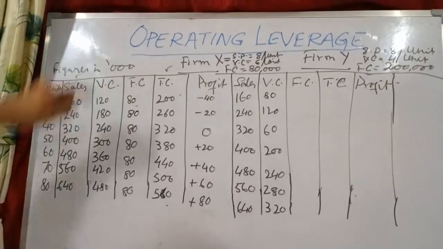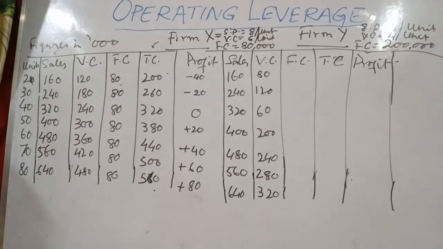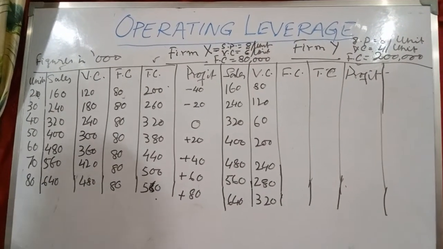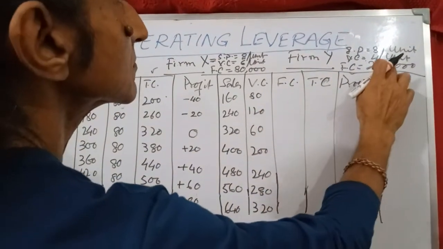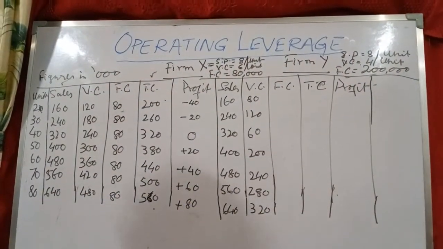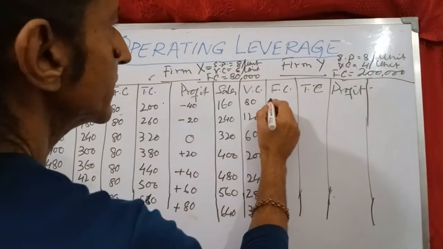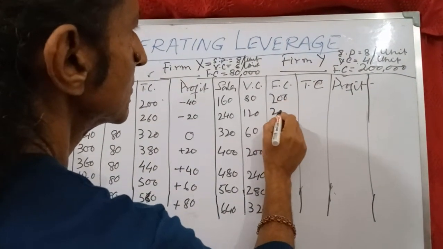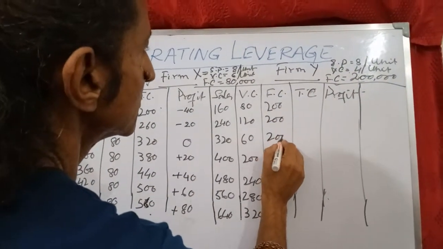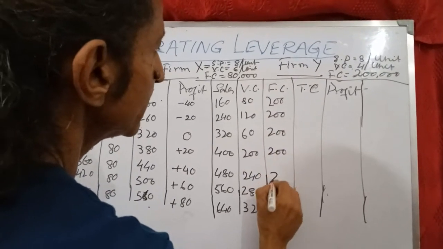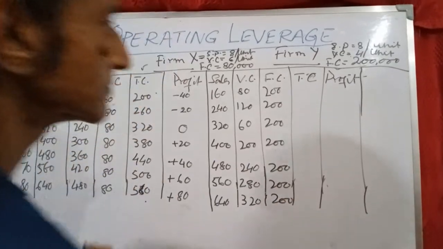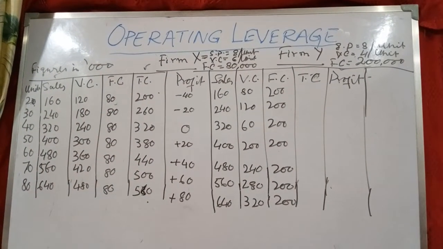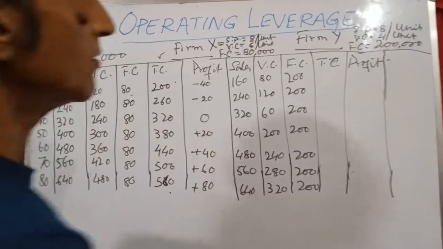Figures are in thousand, right? Now what is the fixed cost? 2 lakh. That is 200, 200, 200, 200, 200, 200 and 200. Right? Now what is total cost?